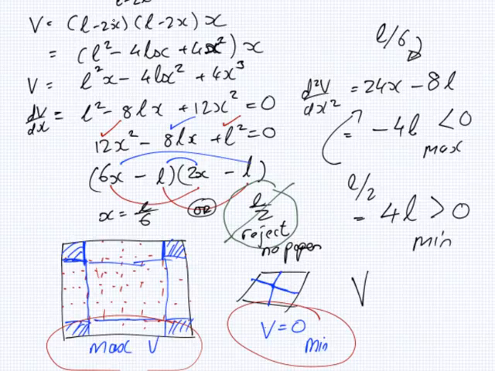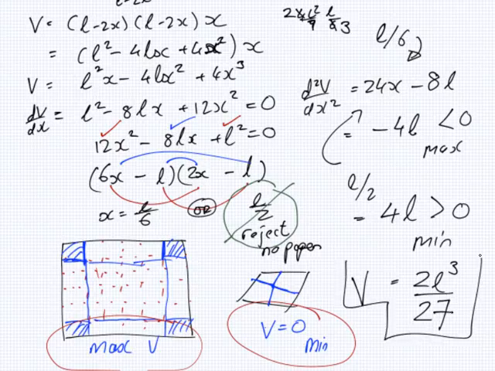L minus L over 3 is 2L over 3. So this will be 4L squared over 9 times L over 6. That makes it 2. That makes it 3. So the volume is 2L cubed over 27.